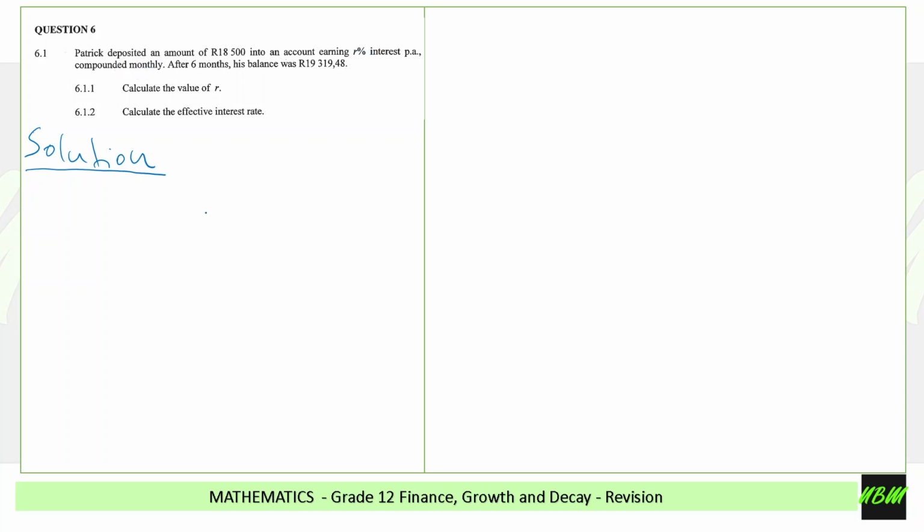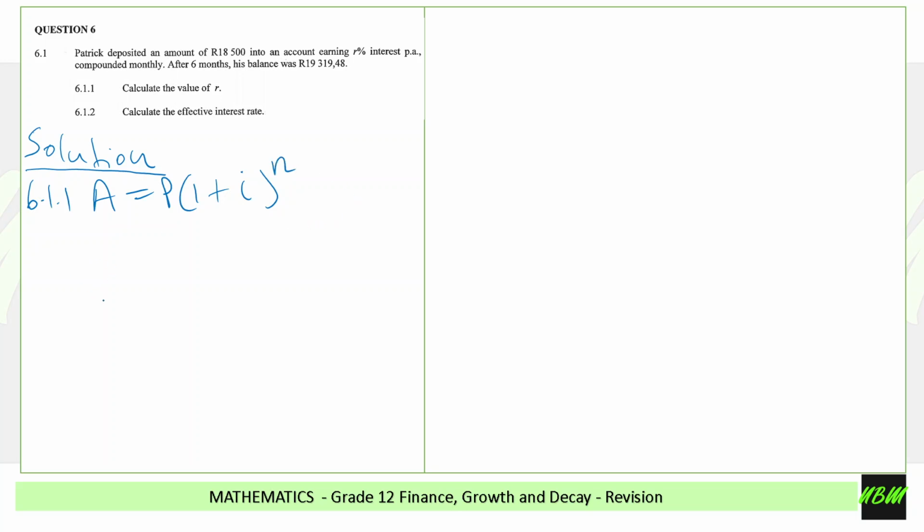Will it be compound growth or the future value annuity formula? From the statement it's clear that Patrick deposited R18,500 into an account only once and never made other deposits. So we are dealing with compound growth. So for 6.1.1 the formula we use is A = P(1 + i)^n.